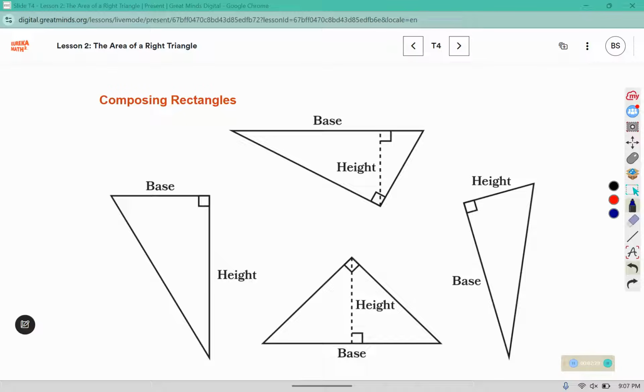Any rectangle can be decomposed into two right triangles with areas that are each half the area of the rectangle. That is also true. The height and base of a right triangle are always two sides of the triangle. That is false. We saw here that the height was not one of the sides.